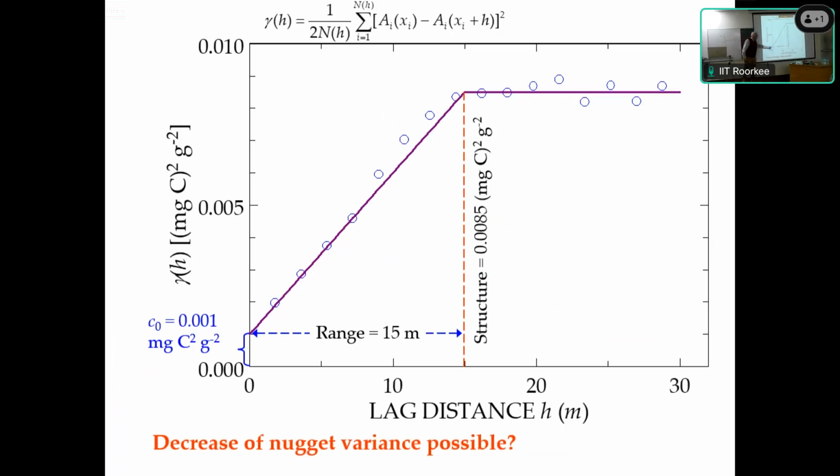First of all, we need to look at the nugget value itself. This value here is 0.001 milligrams carbon per gram of soil squared. That's the variance term.